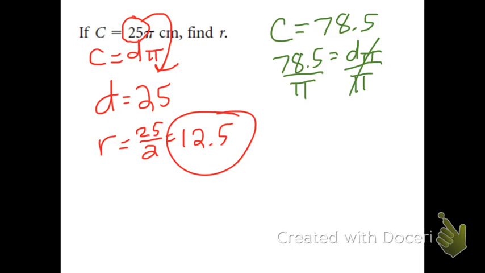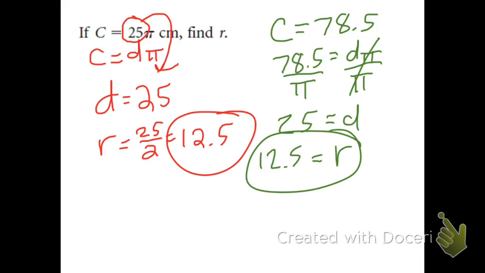So we would find the diameter by solving for d, dividing both sides by pi. On your calculator, you would type 78.5 divided by 3.14, and you get 25 is the diameter, which means the radius, again, has to be 12.5. So it's just one extra step if the circumference is given to you as a decimal. But remember, you can always divide pi out by just dividing by pi, giving you the diameter.